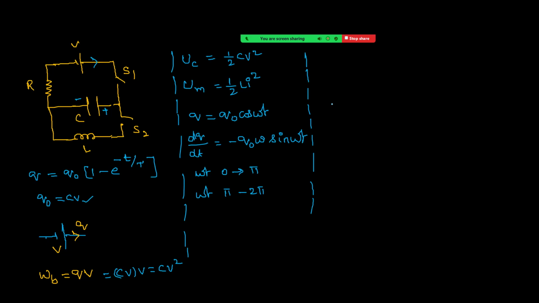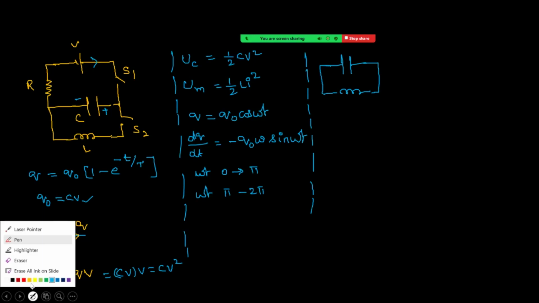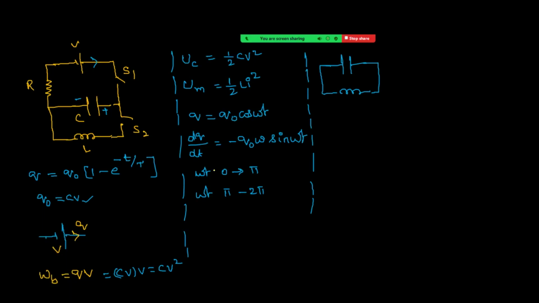Let me draw the circuit here to get more clarity. If you are taking LC oscillations, when t equal to 0, charge on the right plate is positive and left plate negative. This is t equal to 0. Okay. Now see carefully.